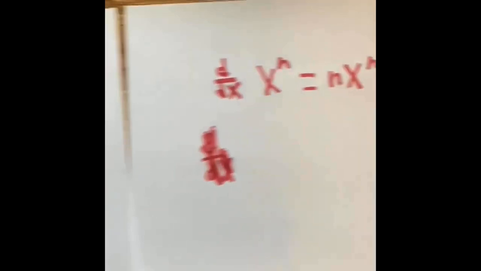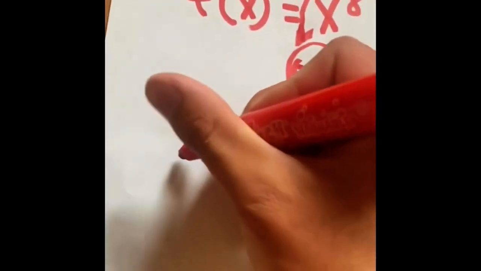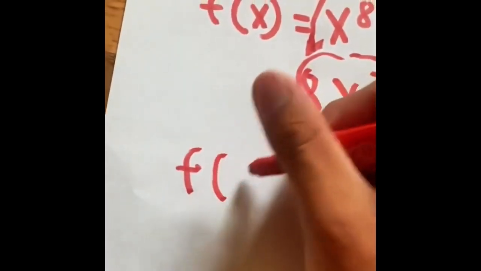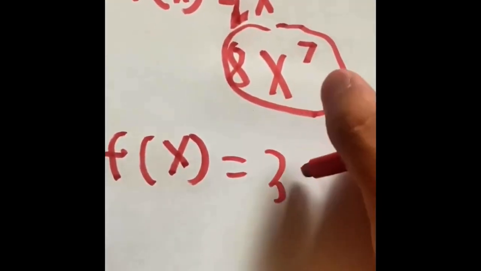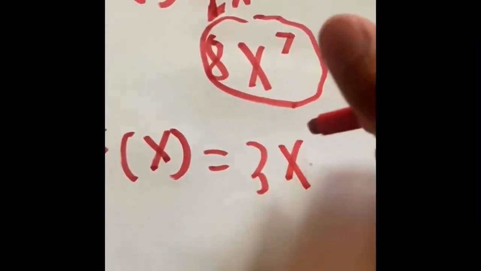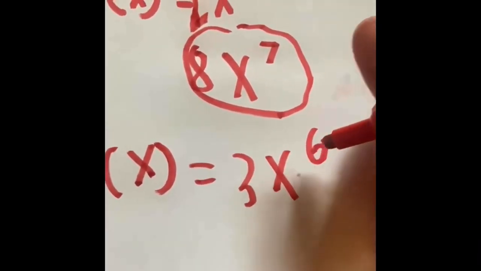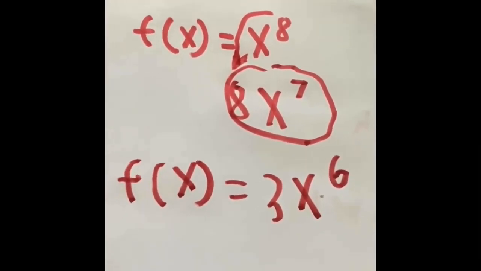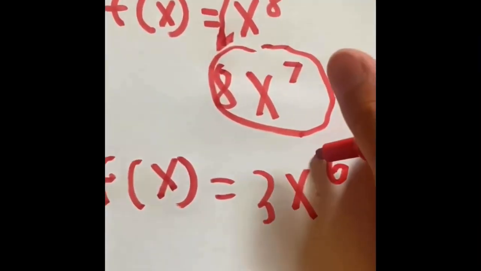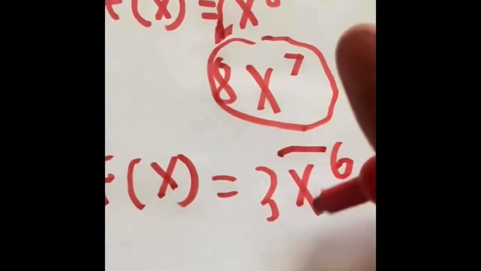Let's see another example. If we have the function f of x equals 3x to the 6th power, we already have a coefficient there, but we can still downgrade the entire problem. We can move that 6 and that 3 down here.